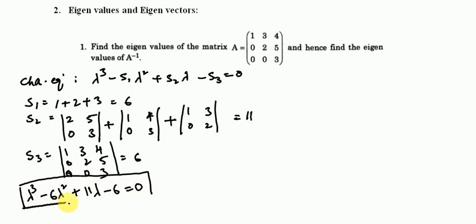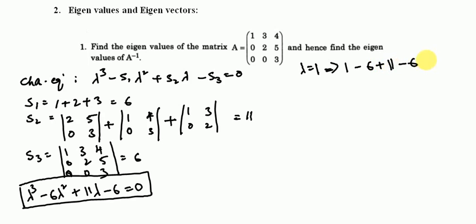You can use your calculator or the method which I am going to tell now. We have 3 roots because this is lambda cubed. For any cubic equation, first consider lambda equals 1 and substitute it, and check whether it gives you 0 or not.